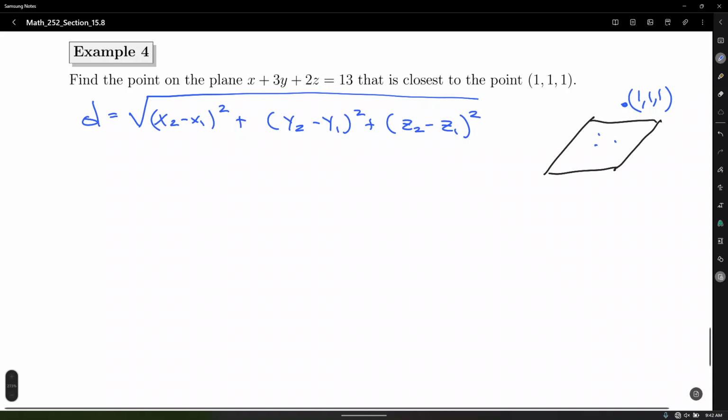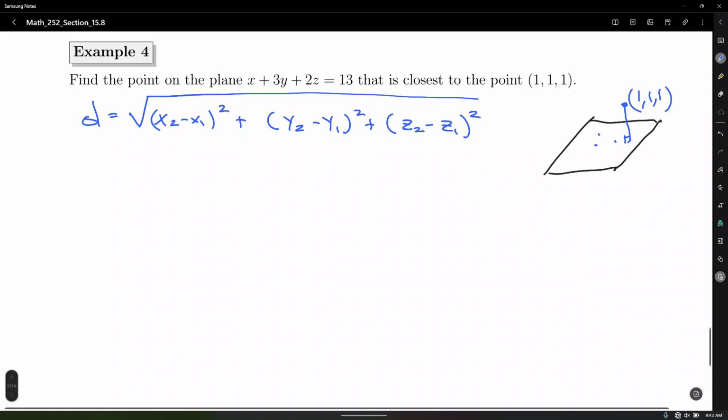Which one is going to be the closest? The one that forms a line at 90 degrees with the plane. Because you can also find this distance right here, but that's a longer distance. So the shortest distance is the one that forms a 90 degree angle with the plane.